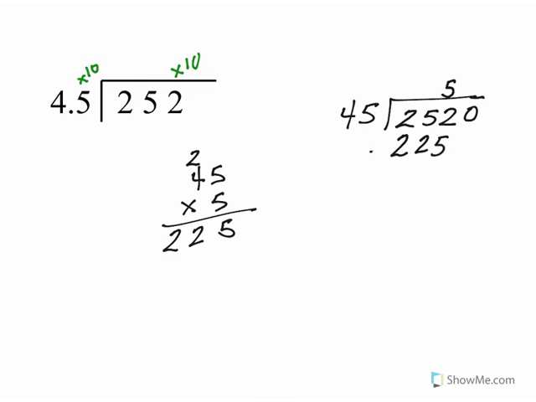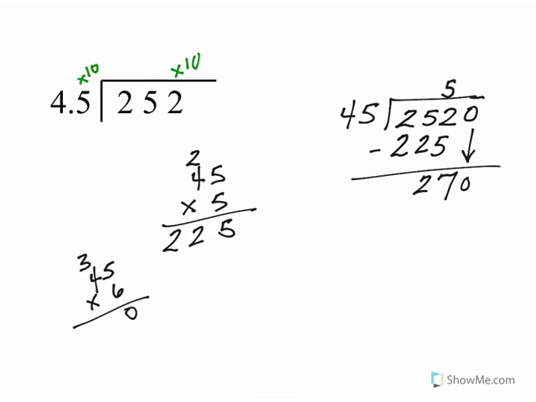Now I'm going to subtract. 25, 26, 27. I know that's 27. 27 is less than 45, so I'm good so far. Bring my 0 down. Well, I know 45 times 5 was 225, so it's probably going to be 45 times 6. 5 times 6 is 30. 6 times 4 is 24, plus 3 is 27.